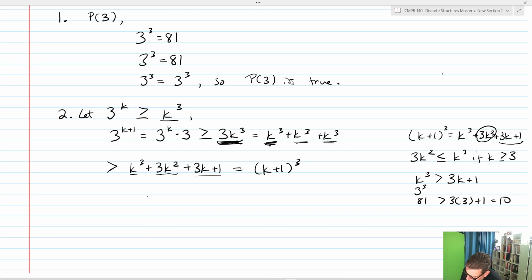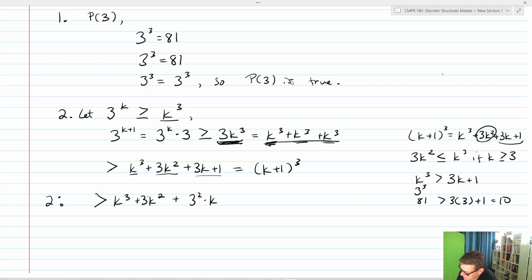Another alternative proof that we could use here, utilizing the same logic, so we'll call this 2, is that k cubed is going to be strictly greater than k cubed plus 3k squared. We already have that one. Plus, let's say, 4k, or 3 squared times k when k is greater than or equal to 3.